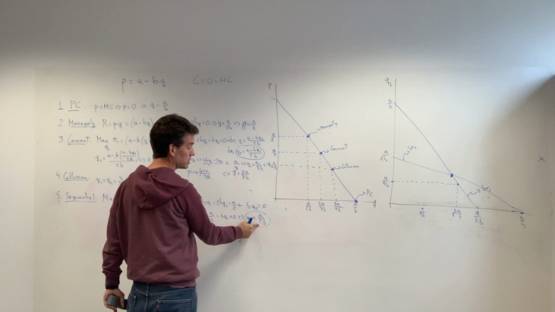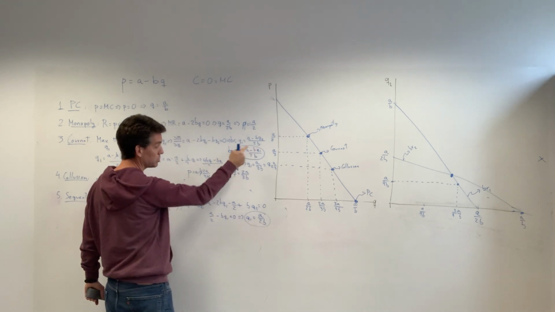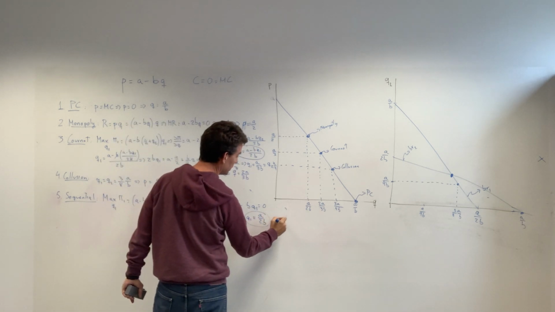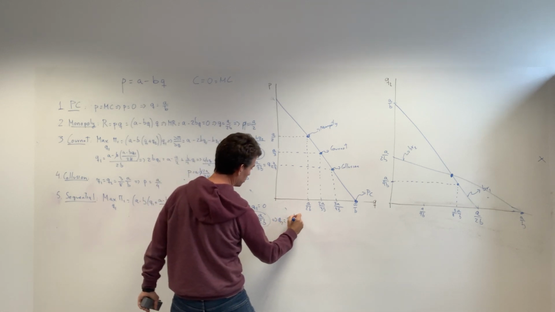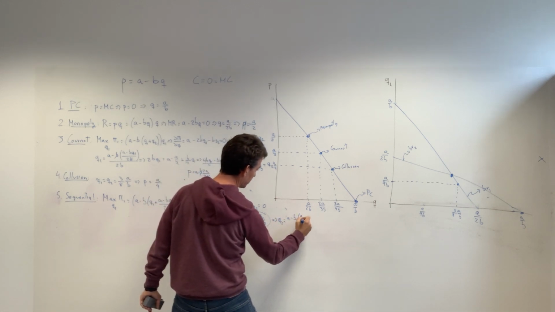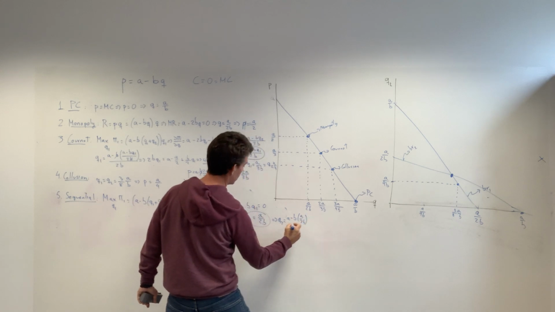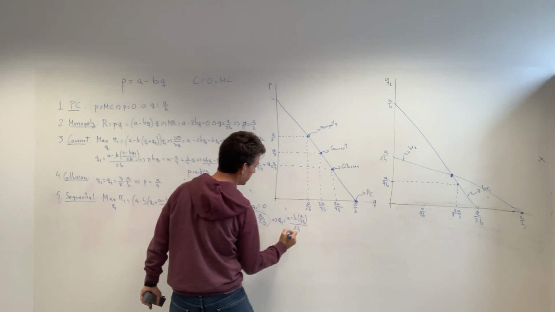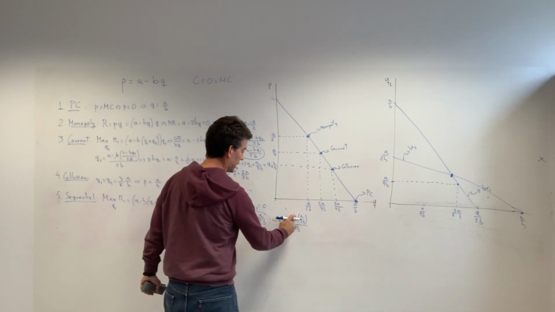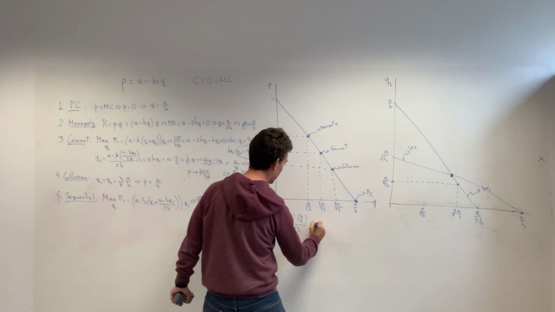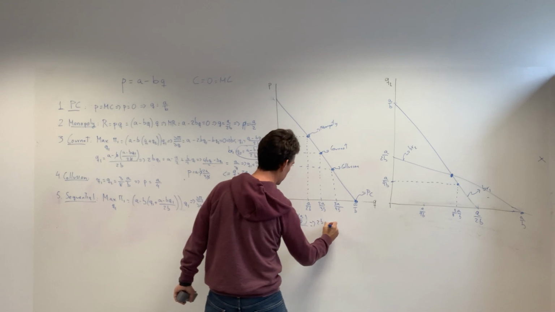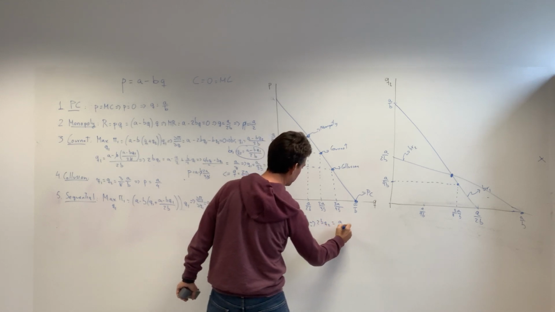So when Q1 equals A divided by 2B, we substitute there and we find that Q2 equals A minus B, where Q1 is A divided by 2B, everything divided by 2B. So again, the B's cancel out like always, and we have that 2B Q2 equals A divided by half.